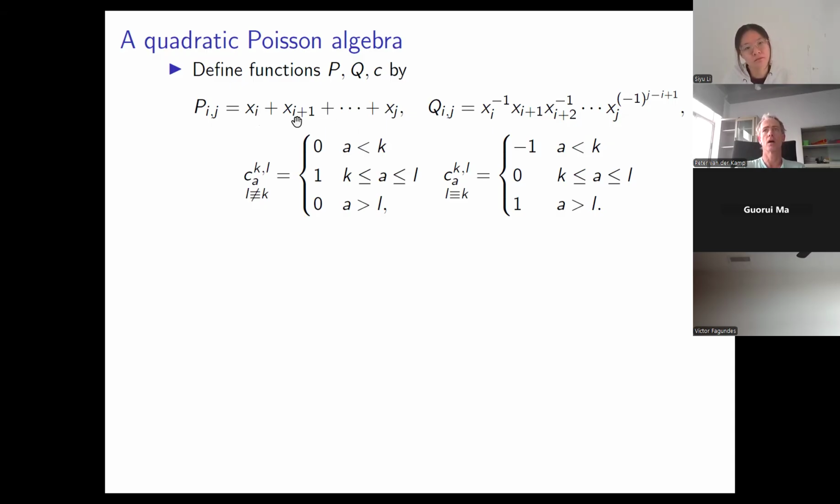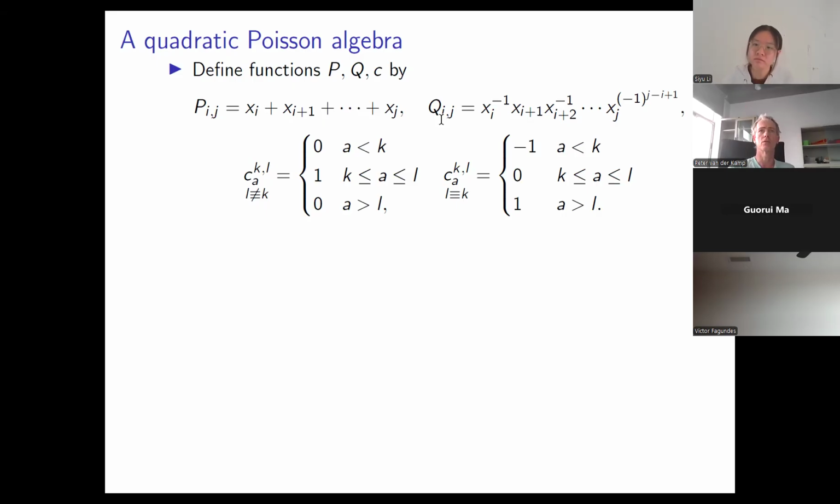So we go from xi to xi+1, all the way up to xj, not skipping a single variable, and that is a function pij. And then we have these alternating products of variables, and we call them qij. So all the integrals of all the known integrable Lotka-Volterra systems that were studied by us and by others in the literature can be expressed in terms of these functions.